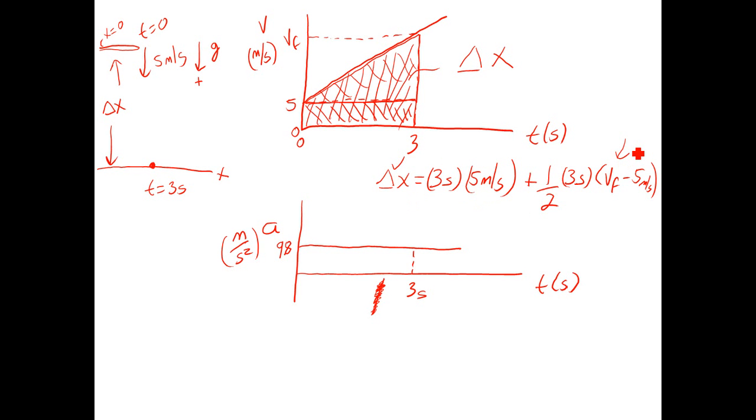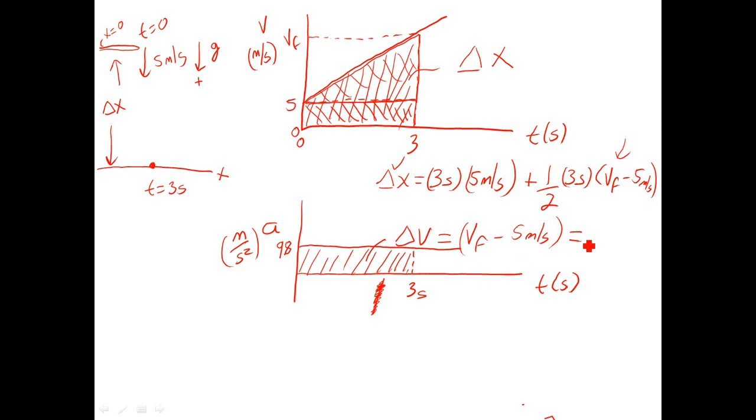But let's see if the acceleration versus time graph can help us. One thing we know is that the area bounded by the acceleration versus time graph is delta v, the change in velocity. And in this case, it must be v final minus 5 meters per second by definition.